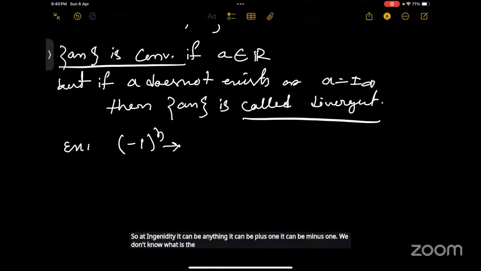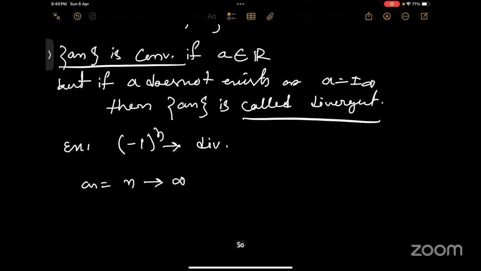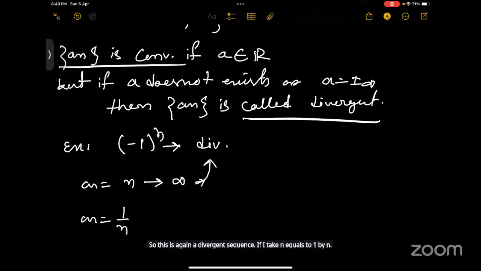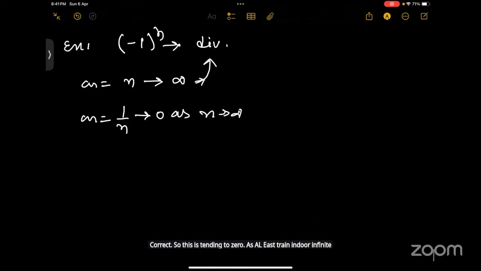So this is an example of a divergent sequence. If I take simply an equals n, then it tends towards infinity, so this is again divergent. If I take an equals 1 by n, is it convergent or divergent? Convergent. Correct, this is tending to 0 as n tends to infinity.